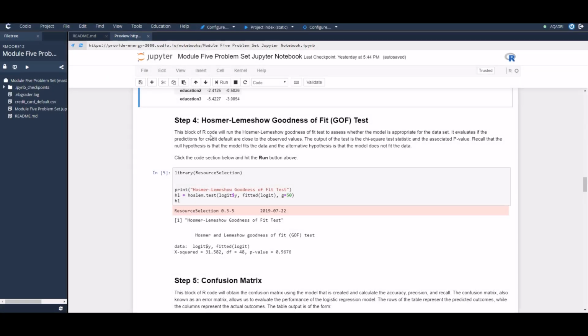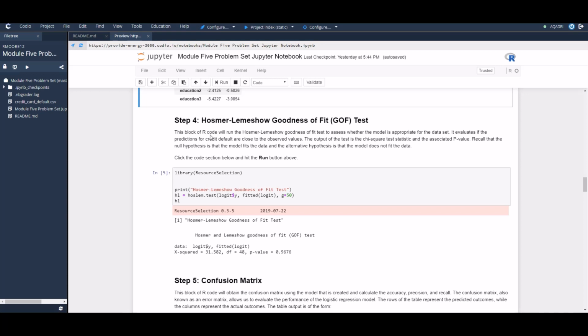In step 4, we will do an overall test for the significance of the model. If you remember in multiple regression models previously, when we used a quantitative response variable, we were relying on an overall F-test, which was based on the F distribution.